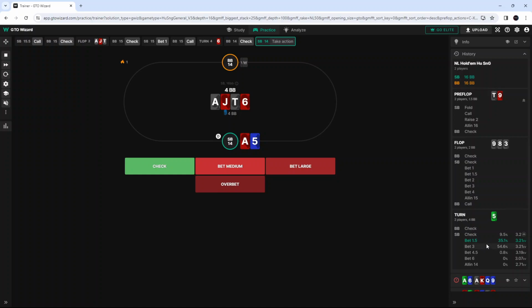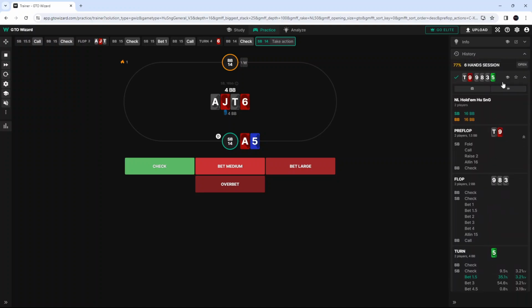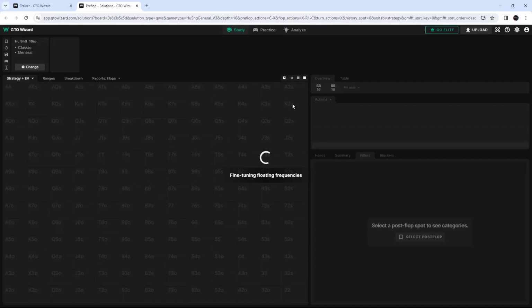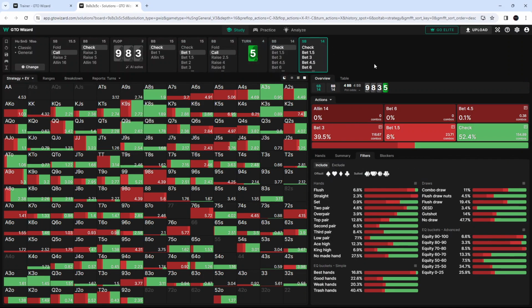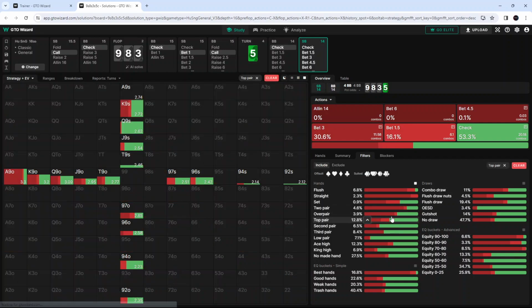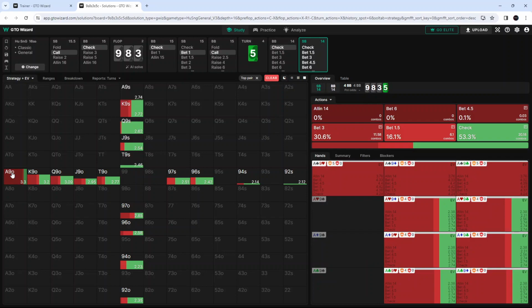And one thing I really thought there was we don't really want to be barreling with anything weaker than a pair plus draw. That's something I'd like to check, that I'm thinking along the right line. So I would open up study here and check. If we go to what we want to barrel, let's take our top pair for example. Ace 9, okay, it is barreling without a spade here, but not as often.